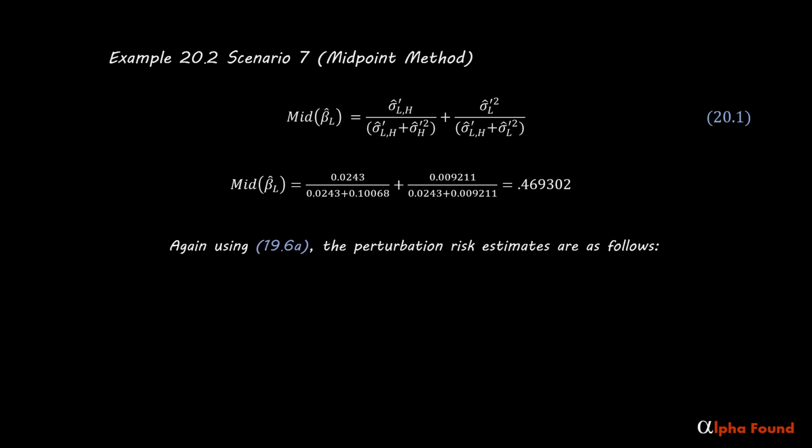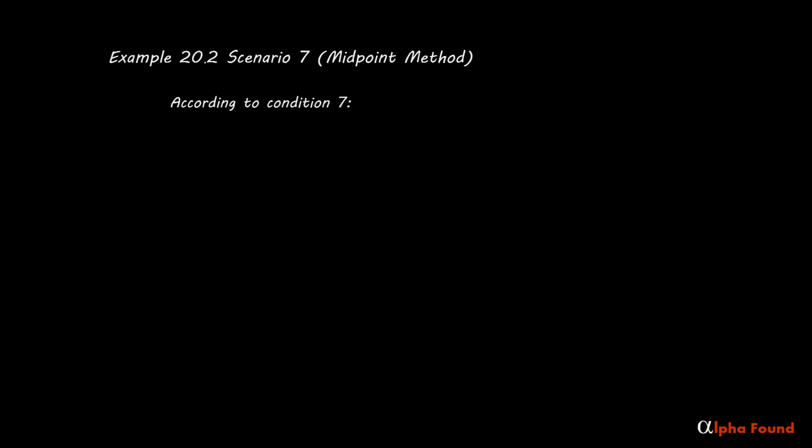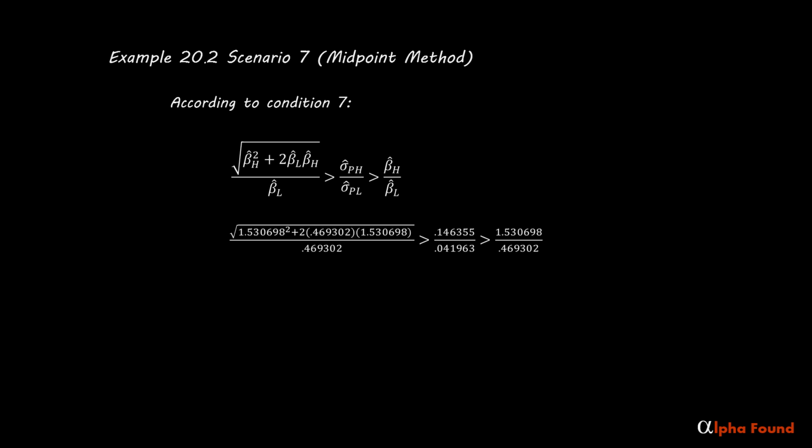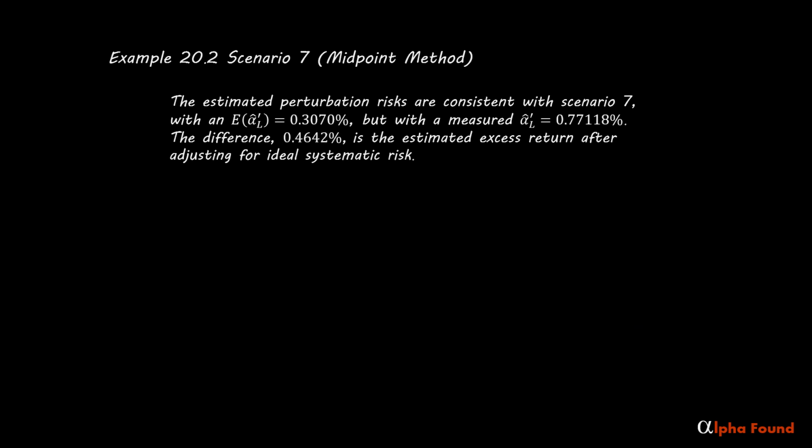Again, using equation 19.6a, the perturbation risk estimates are as follows. According to condition 7, the estimated perturbation risks are consistent with scenario 7, with an expected low alpha of 0.3070%, but with a measured alpha of 0.77118%.